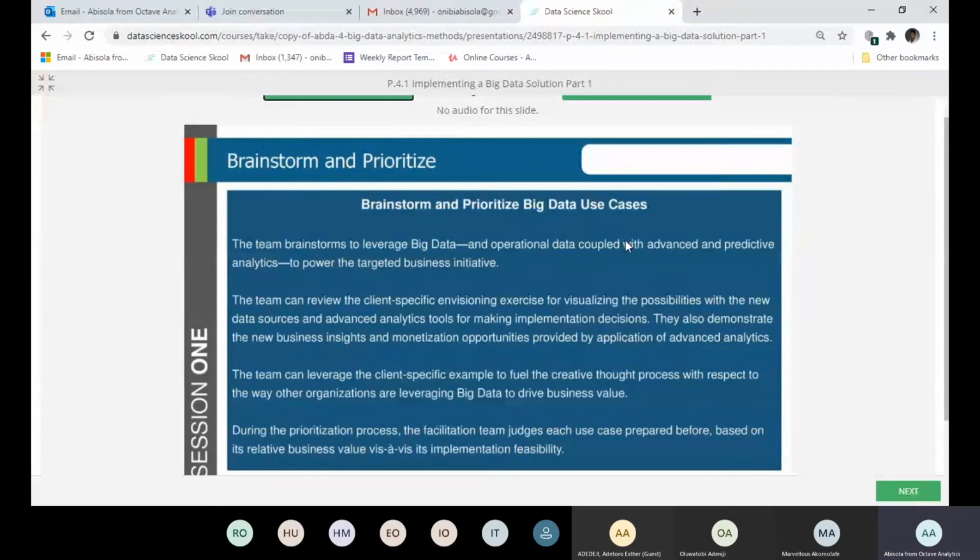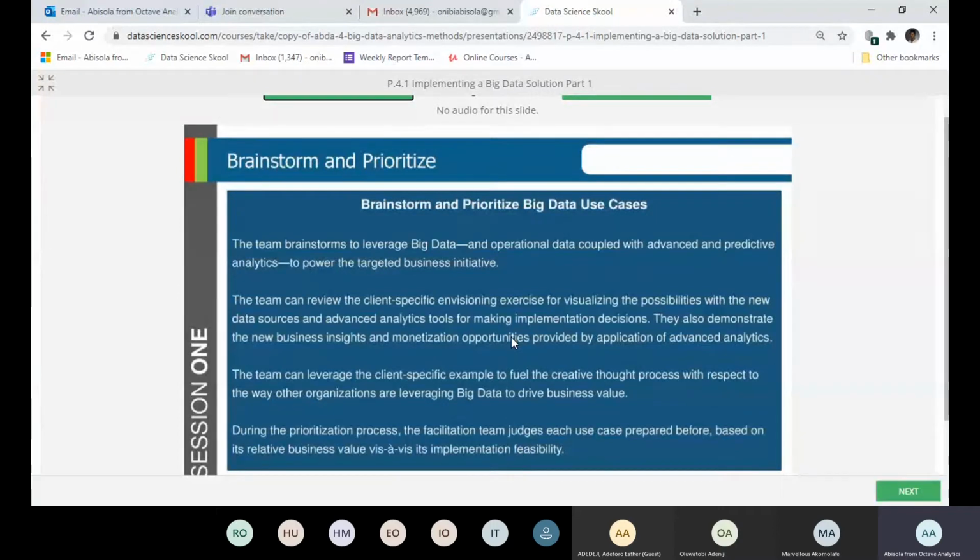So here, they reveal the client-specific envisioning exercise to help business visualize what is possible. So you are checking all of the interviews you've conducted, everything you've done over time, you're trying to go through them, you're trying to review all of the interviews you've conducted, and then you're trying to see the possibilities of what you can achieve from the information you've gotten now from these business people.